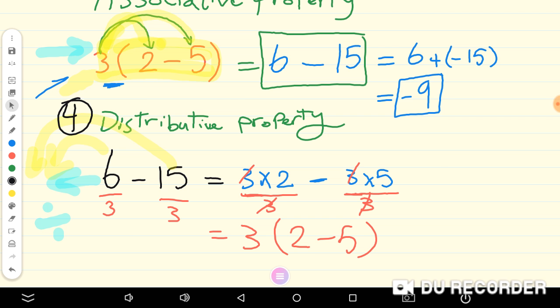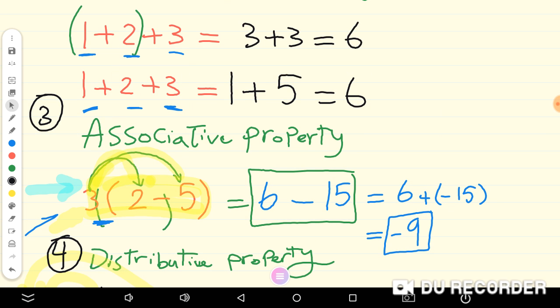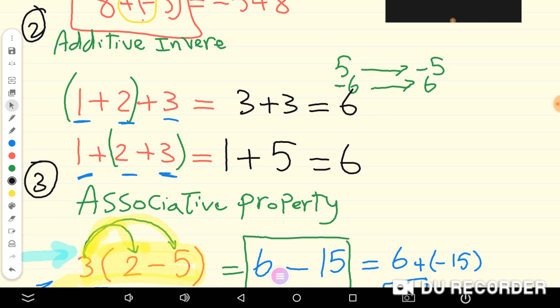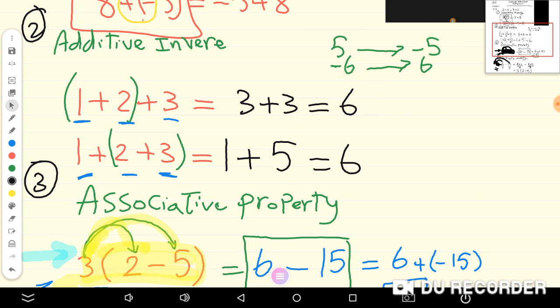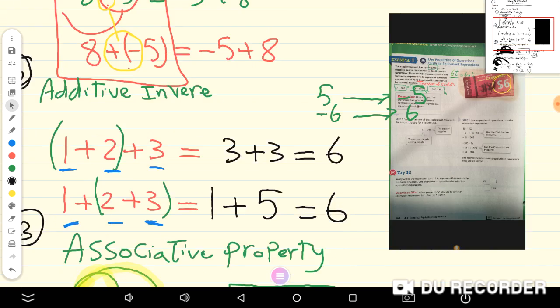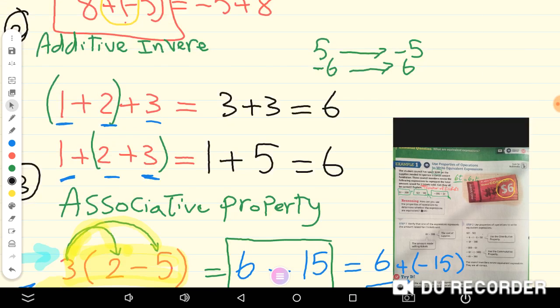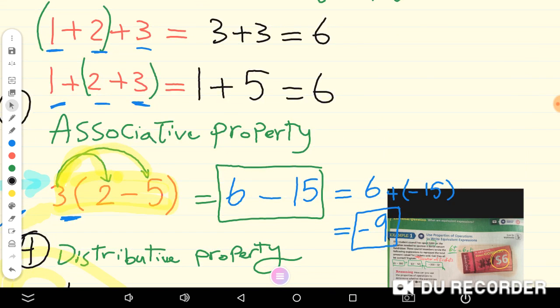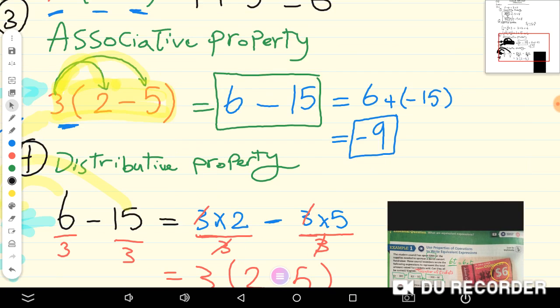Our example is 6 times (t minus 50), which is 6t minus 300. Can we write it in another form?